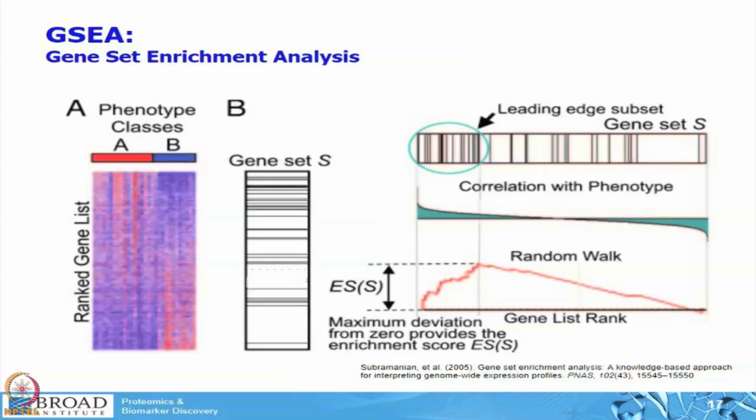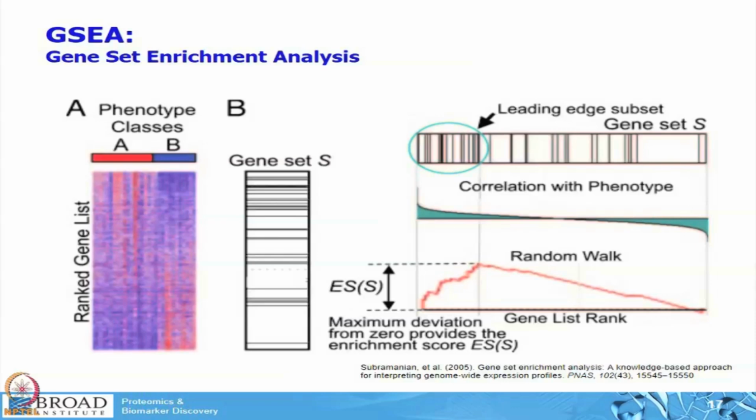This builds up this kind of mountain plot, and at some point you don't observe enough members of this pathway anymore, so the running sum statistic stops increasing and constantly decreases. There are different ways to quantify this enrichment score. One is just taking the maximum deviation, or you can also calculate the area under the curve and things like that. There are different nuances to that type of analysis, but that's the general principle.